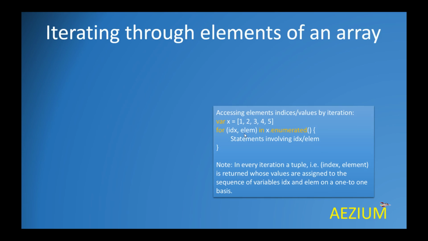And then we continue with the loop. This process continues until we process the last element of our array. This concludes our discussion of arrays as one of the Swift collection types.